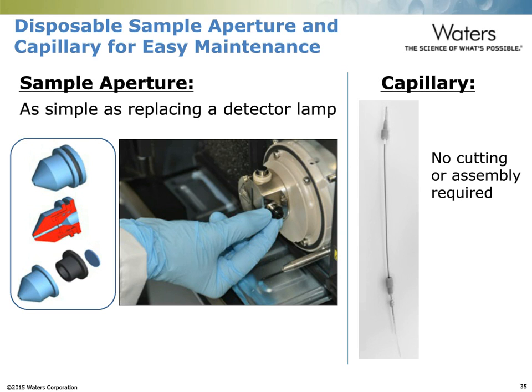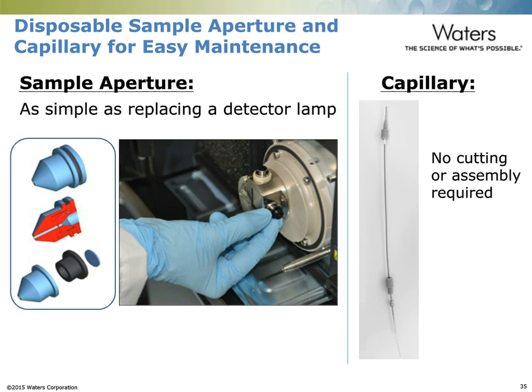The aperture disc itself is meant to be disposable, so there's no cleaning of that, and it's priced as a consumable, so it's not expensive to replace. In addition, the capillary, which is essentially the sample probe for the instrument, comes as a pre-cut piece of tubing with the emitter tip fixed already, and that's as simple to change as changing any piece of tubing on an instrument.